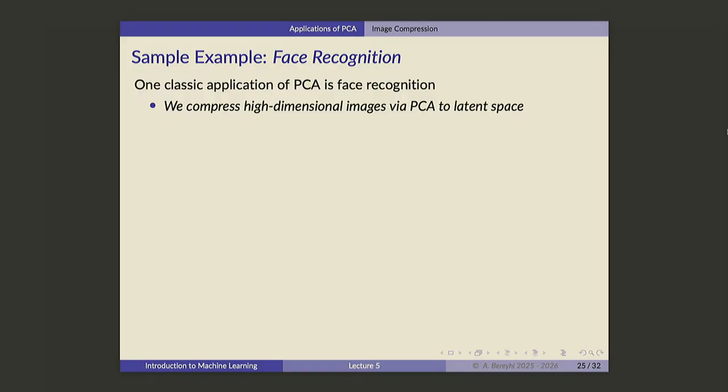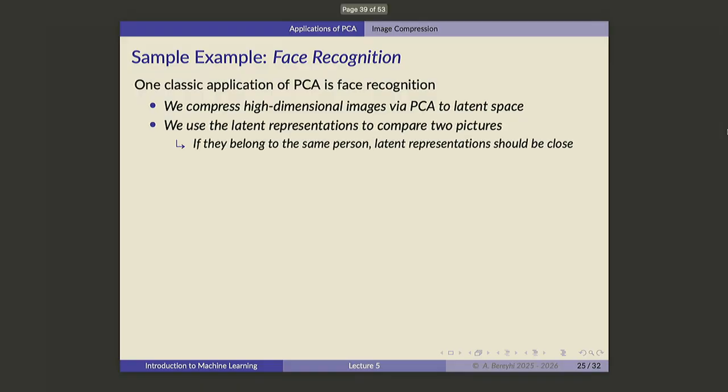So this was the idea. You find the very low dimensional latent representation of the image, and as long as those images belong to the same person, the same scene, those representations should be close. And this was the idea of how you can do face recognition very efficiently.